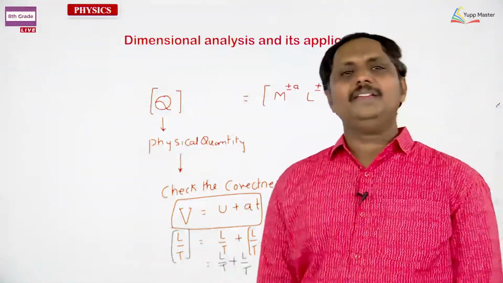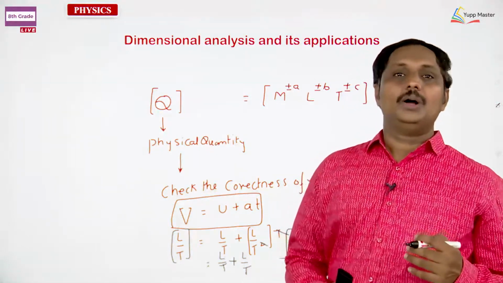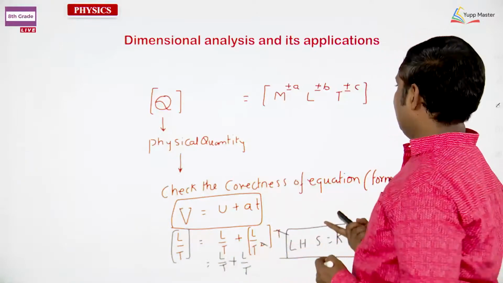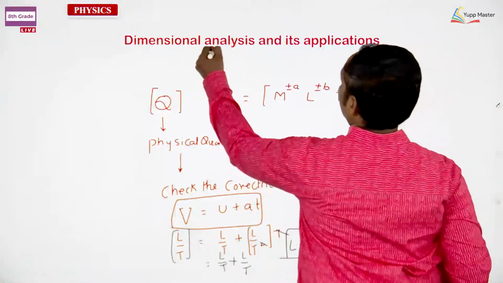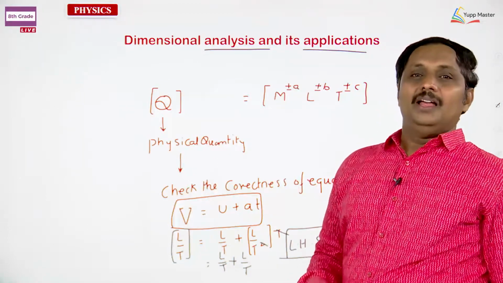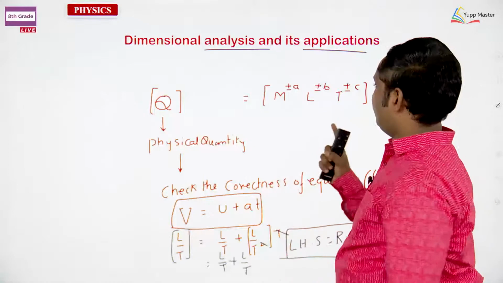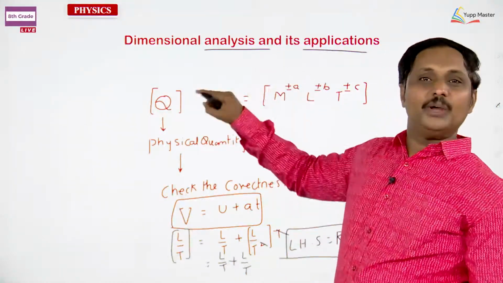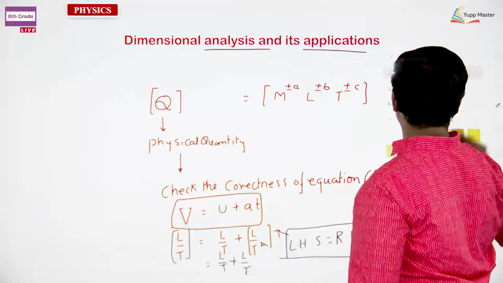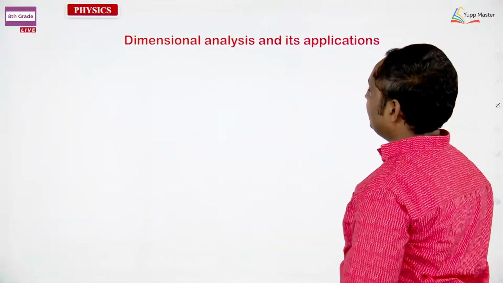Now, is it possible to convert one system of units into another system? With the help of dimensional analysis, we can convert easily, that is from the SI system to the CGS system, and from the CGS system to the SI system. Let us see how it is possible.